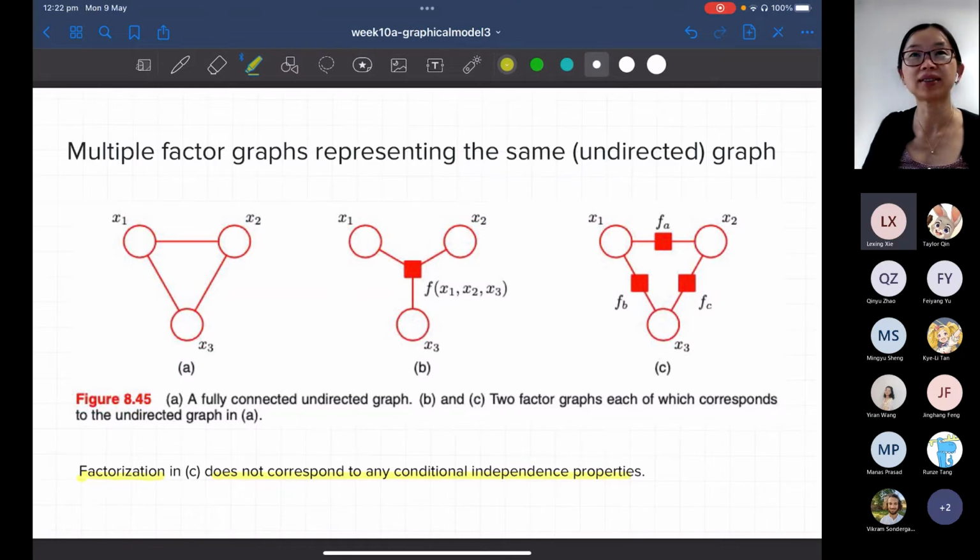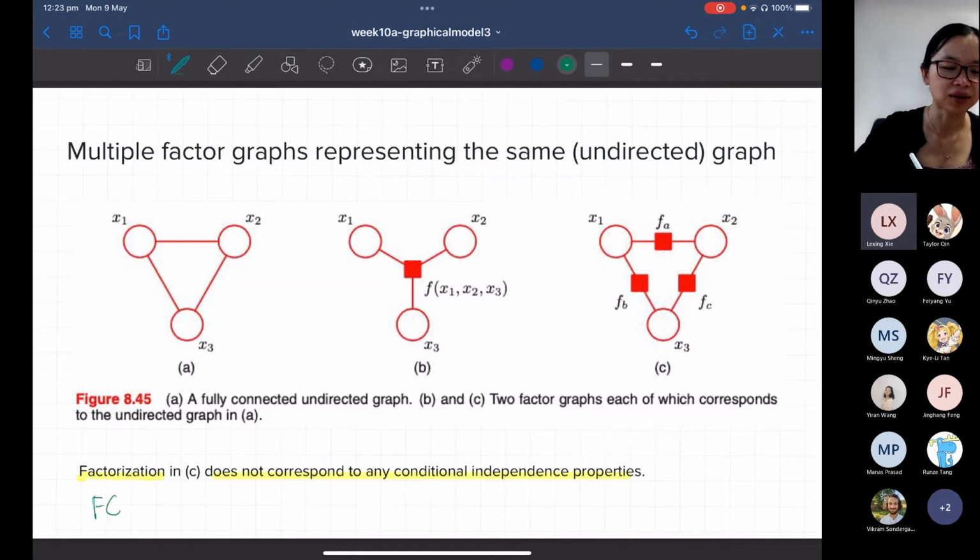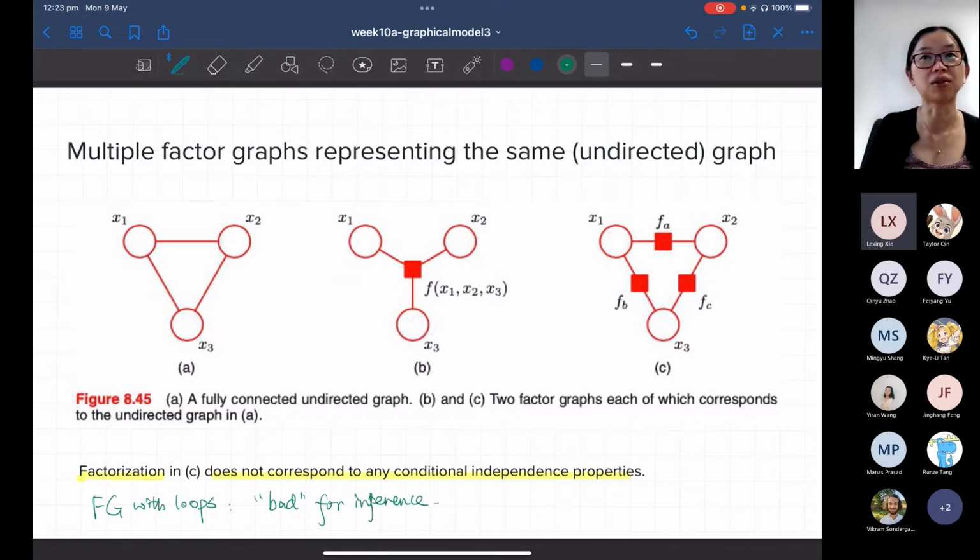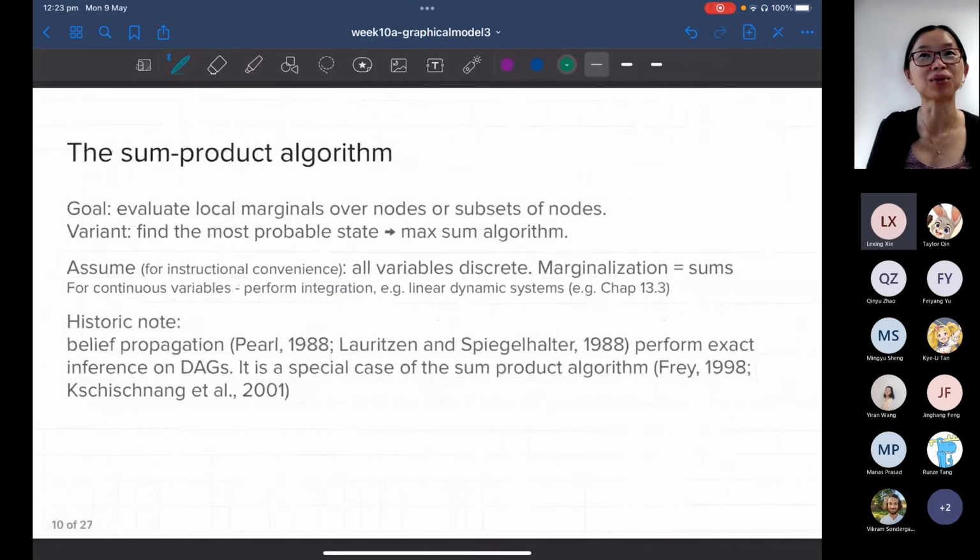Sometimes there's a good reason to do this, but for now, factor graphs with loops, let's say, are bad for inference, as we can see after we go through the sum product algorithm. So yes, you can make it many different ways, but there are better or worse ways of making factor graphs, just because it's so flexible.